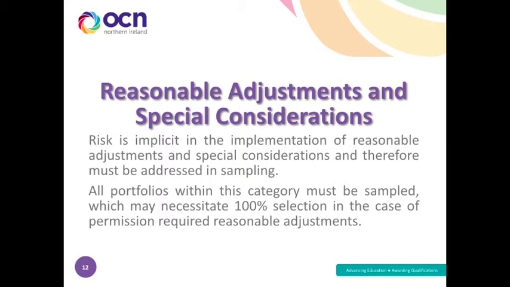If you have a case in which all your learners have reasonable adjustment, you ought to redefine your assessment strategy in accordance with the reasonable adjustment being made. That makes sense. If they're permission required adjustments, you can't do that. So in the event that you have all your learners in this bracket, you will need to select 100% of your portfolios.